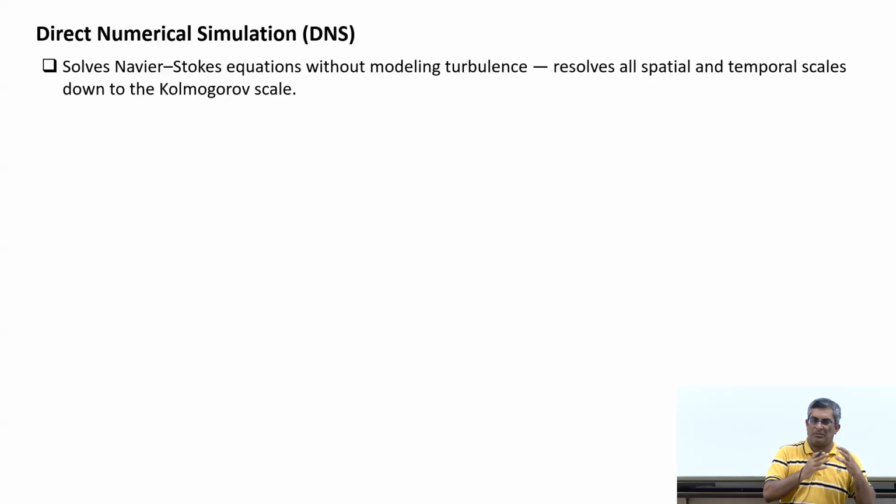Okay. So, considering what we just discussed, we now have broadly two categories. In one category you have particle size which is less than the Kolmogorov scale, in the other it is greater than or equal to the Kolmogorov scale. Accordingly, we can have two different types of DNS.